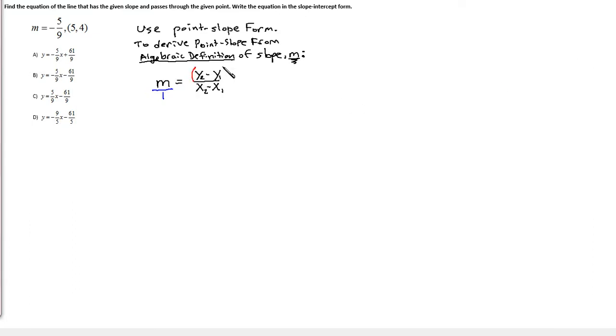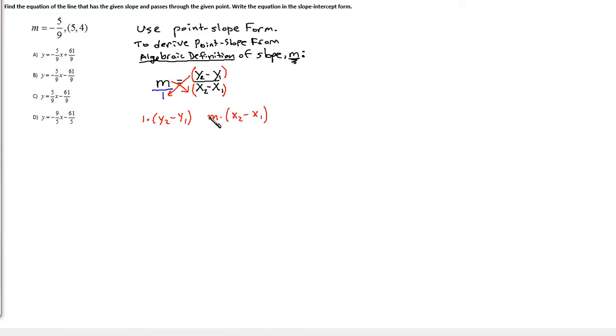If I put parentheses around the numerator and denominator, then set cross products equal, I'm multiplying this numerator times this denominator. It's 1 times y2 minus y1. Here's the other cross product, m times x2 minus x1.